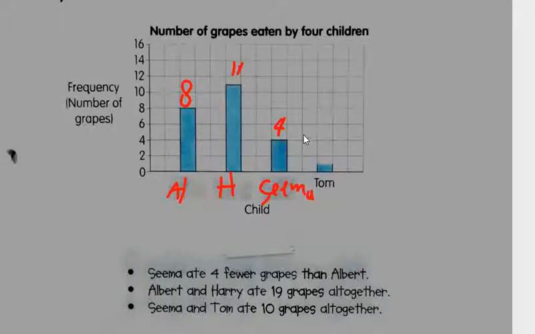So what number will make 10 when you add it by 4? 4 has to be added by what to get 10? 4 plus 6, right? Yeah. Here, it should be here. And this is Tom's bar.